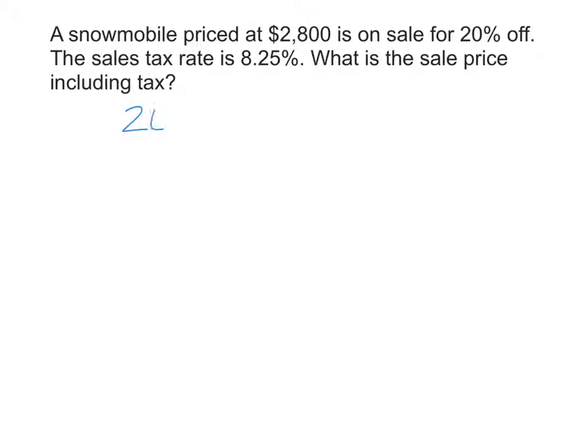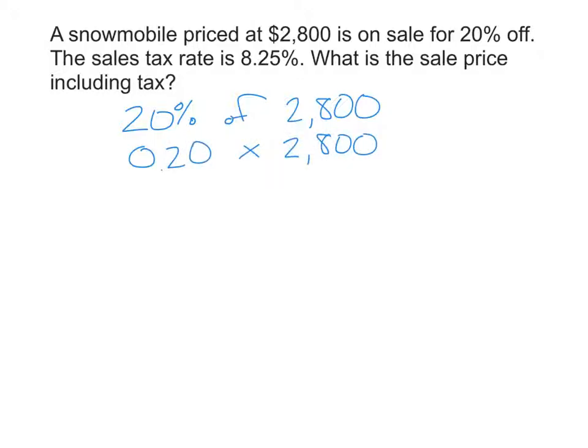So we're going to find 20% of $2,800. So it becomes 0.2 times $2,800. And you should get $560. Okay? So that means we save $560. So if it's a discount, that means we have to subtract.